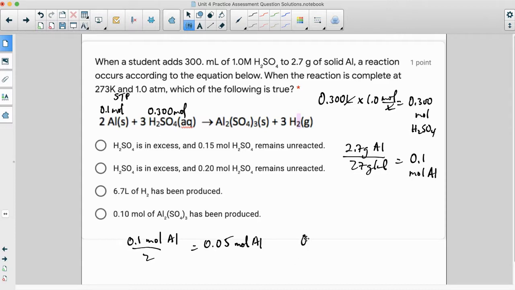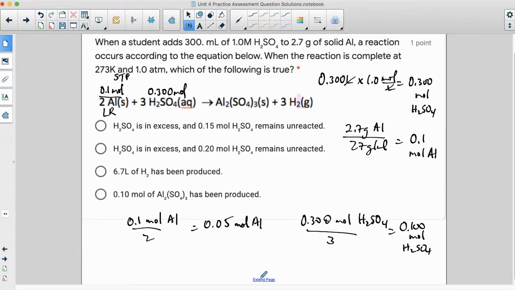If I take my 0.3 moles of H2SO4 and divide by my coefficient of 3, I get 0.1 moles. The aluminum is smaller, so this is our limiting reactant.